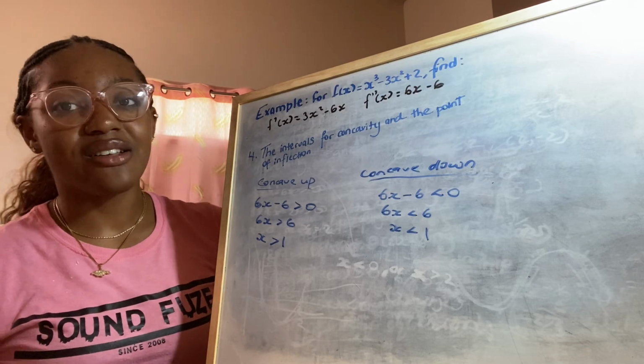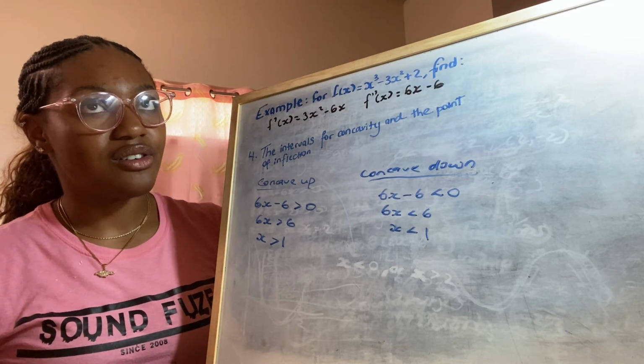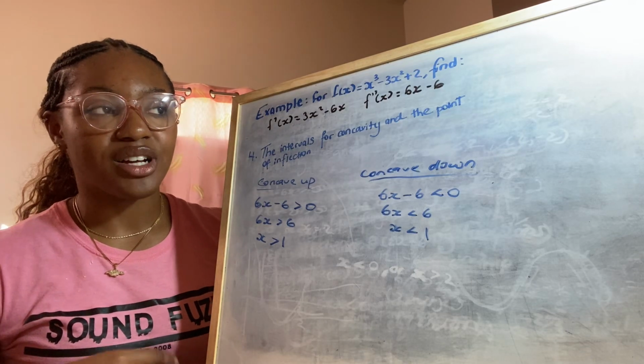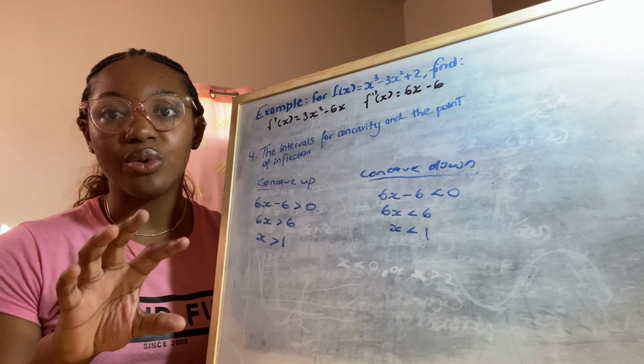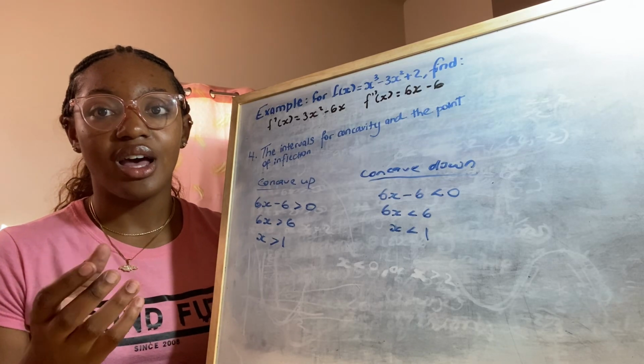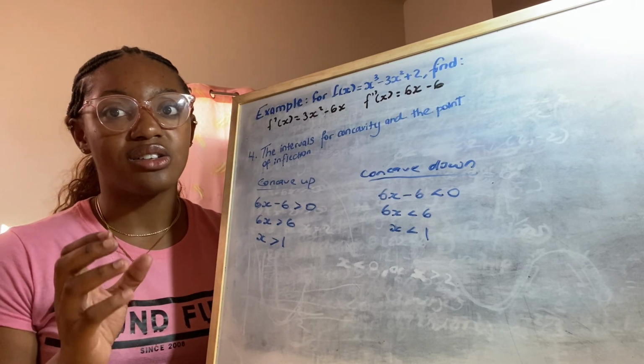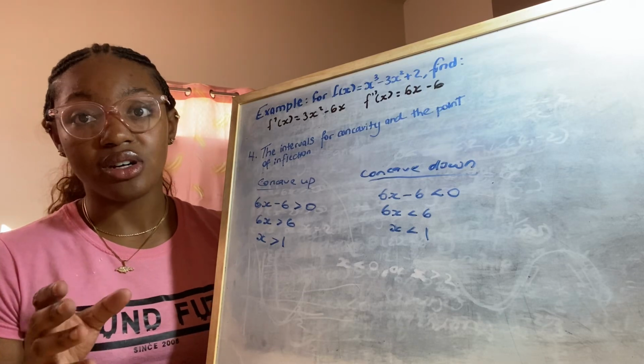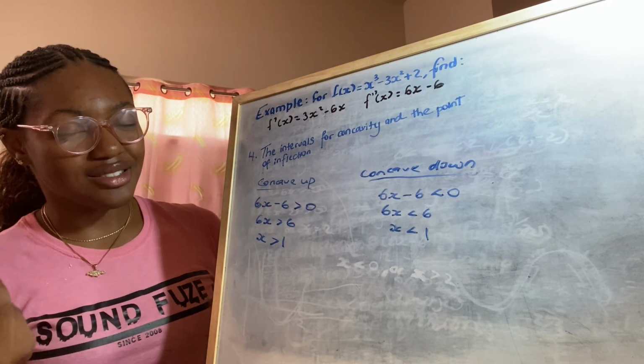Then it asks us to find the point of inflection. Recall that the point of inflection is the point where there's a change in concavity, and it simply means that the second derivative is equal to 0. So we're just solving for that.